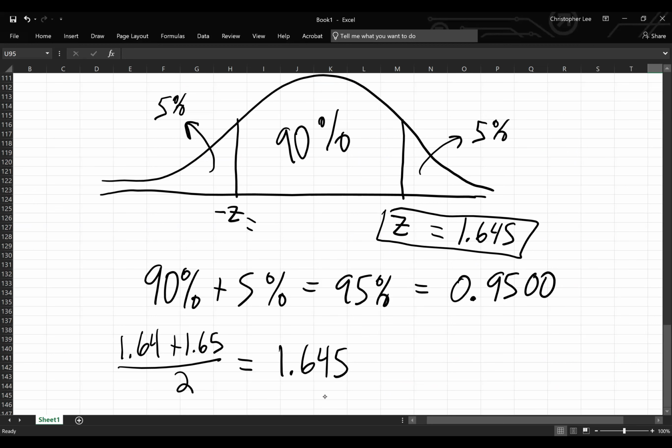So if this positive one is 1.645, the negative is what? Negative 1.645. So you always add whatever this is, and it's always going to be 100.